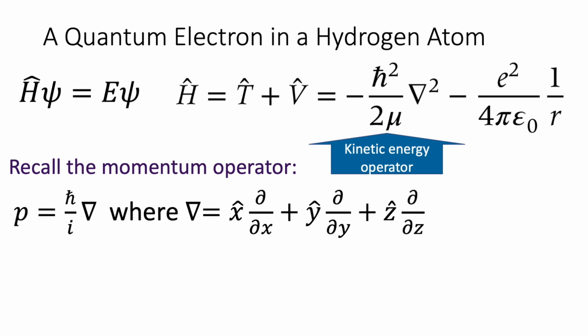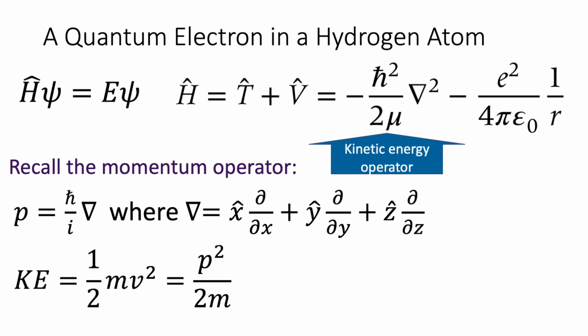These are unit vectors. So it's the unit vector multiplied by the partial derivative operator. If you take the partial derivative of a function with respect to x, that's d/dx. So that's what we're seeing here. We have these three different operations together, each one multiplied by its respective unit vector. All right, this is the gradient.